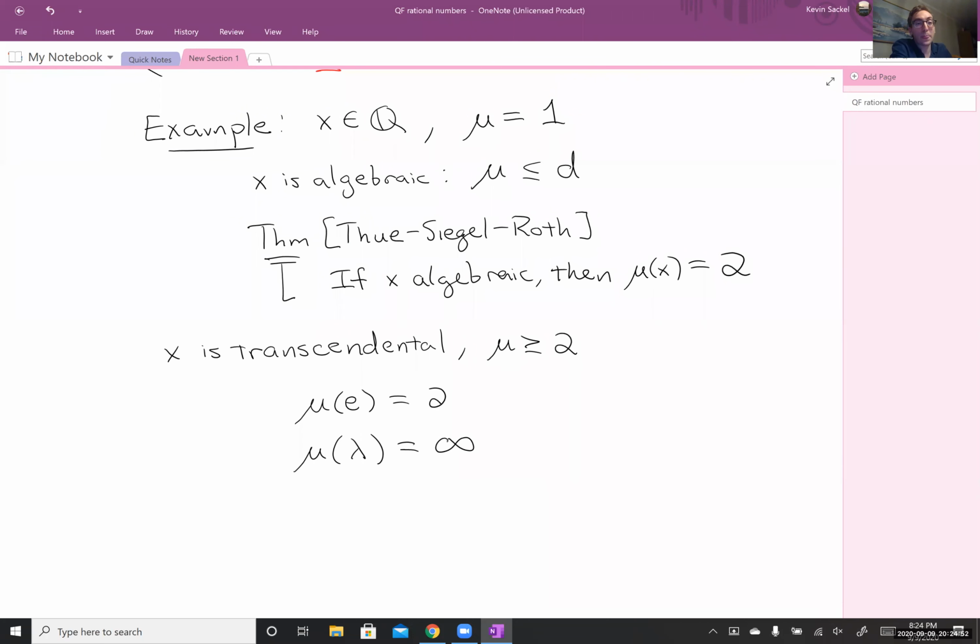So anyways, there's this notion of irrationality measure. Maybe I should remark that mu of pi is currently not known. It's less than about 7.1, and it's greater than or equal to 2 because pi is transcendental, but nobody actually knows what value it is currently.